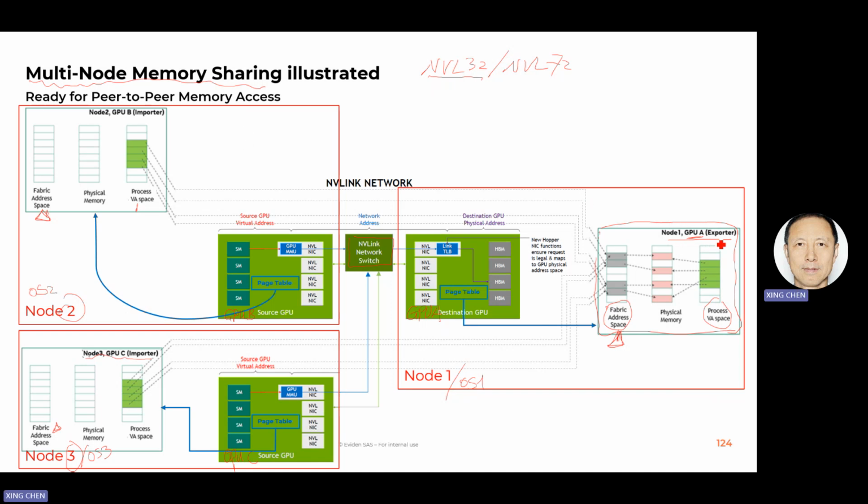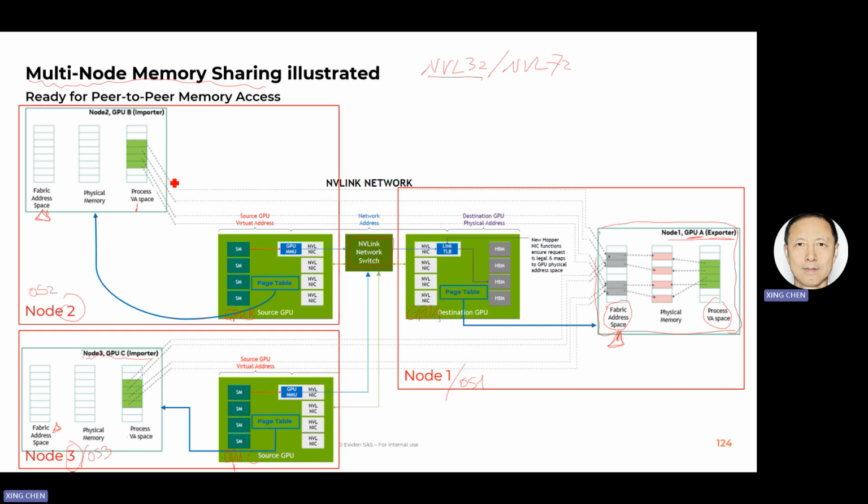Okay, this is the exporter. The importer is the GPU who needs to read another GPU's memory, or in other words, the importer is the node or the GPU who needs to read another node or GPU's memory.